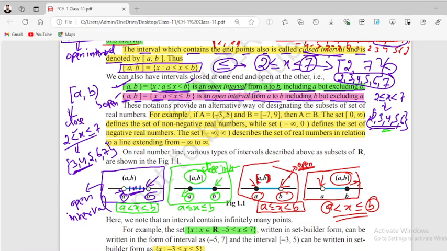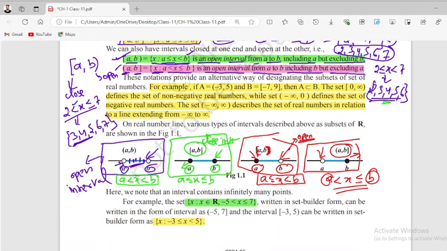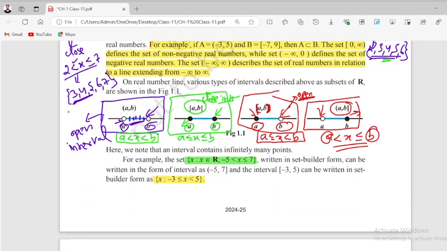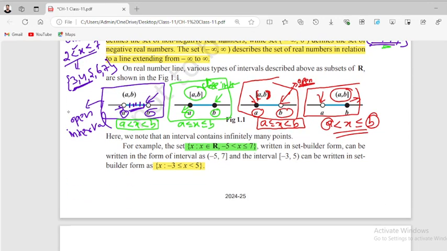So basically, this is the representation for the intervals, and this is also very important. So let us understand all these situations, how we can use them in the questions.